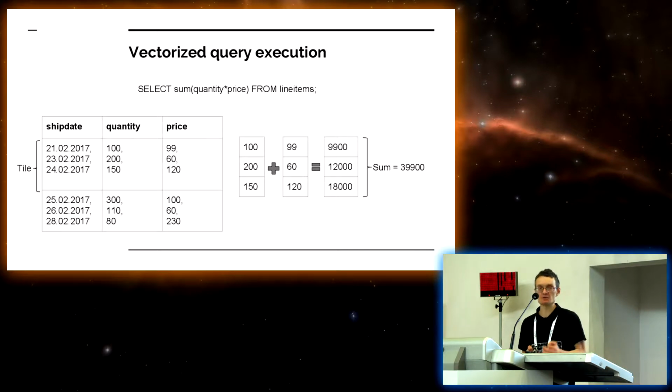We take several values and perform an operation on several values at once, and that gives us a chance to write this cycle of adding as an effective cycle in C language, and therefore the code is executed at the maximum possible speed, and the overhead of interpretation will not disappear.